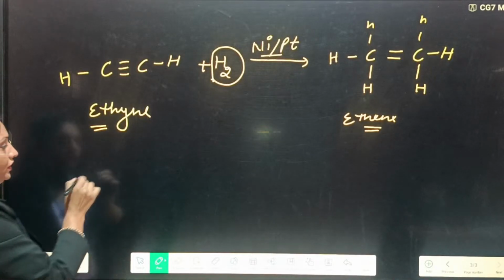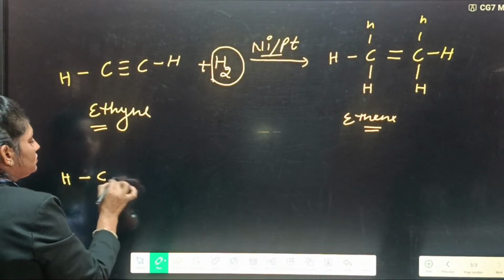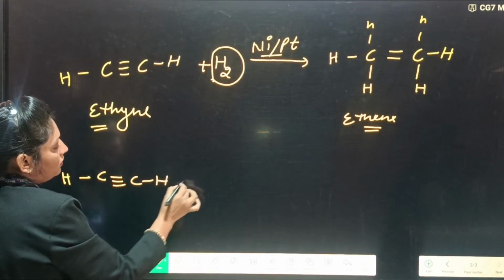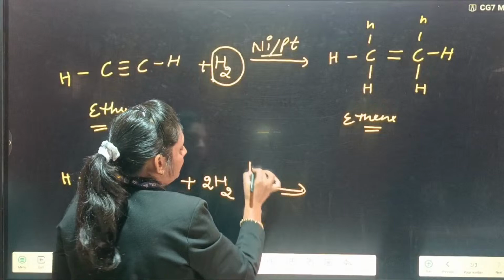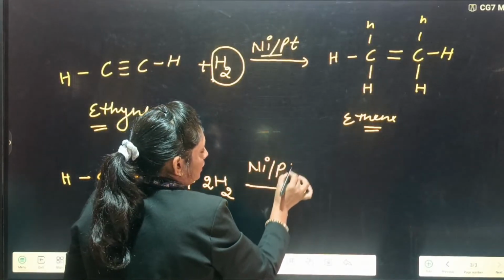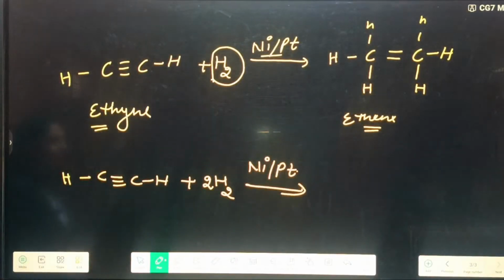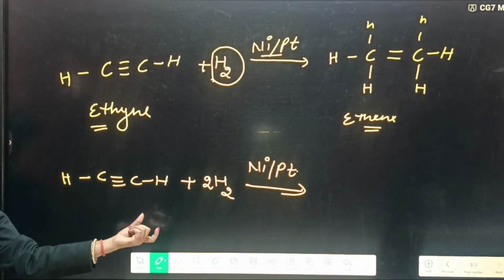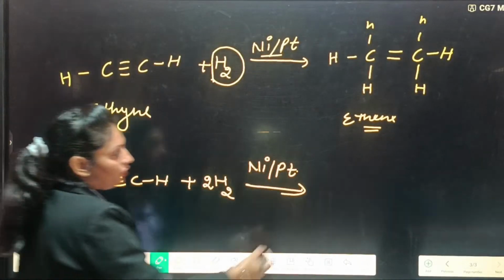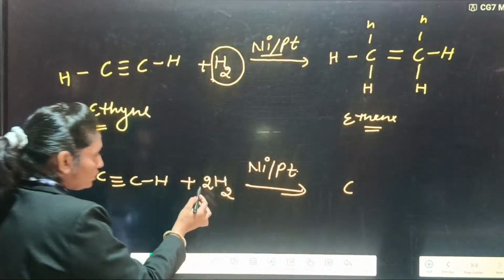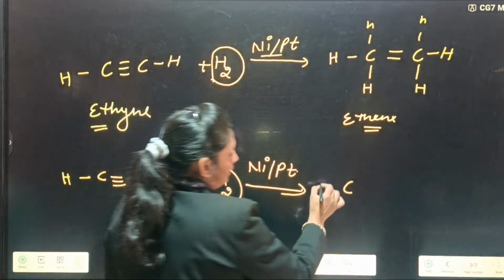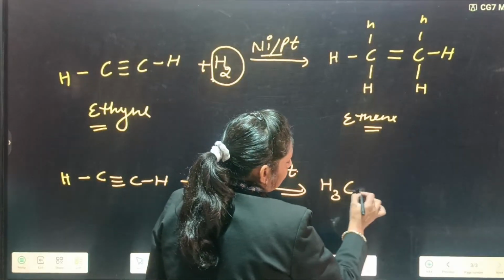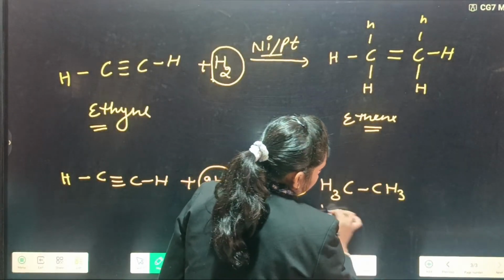But if you have two units of hydrogen and the reaction is completed, then students, you will directly form ethane, because with two units they can break two bonds.